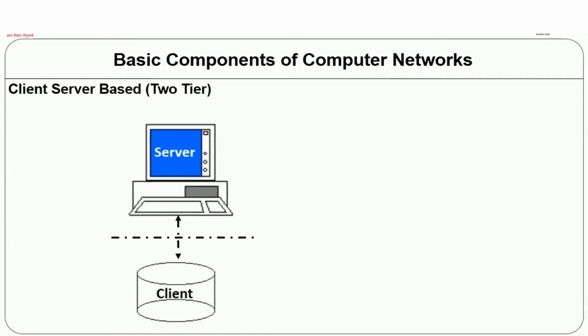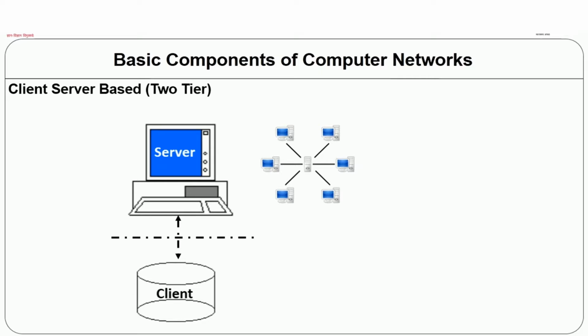Client-server based software. This software is in two parts. One part, which includes functions and services, resides in one or more exclusive computers. This part is called the server. It provides security and access to resources. Another part called the client resides on other computers.